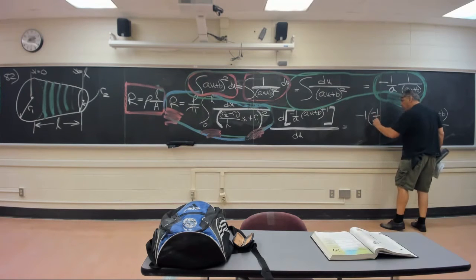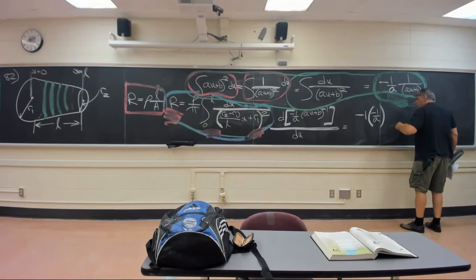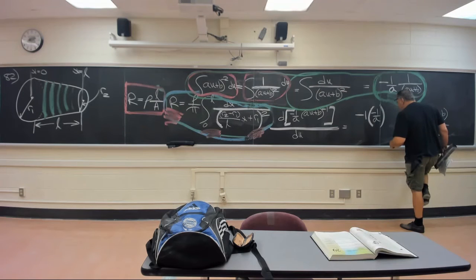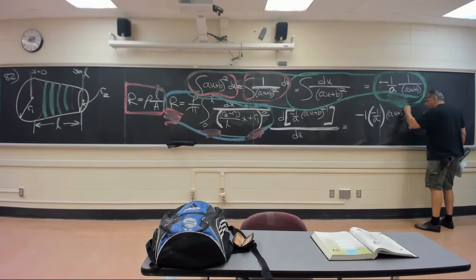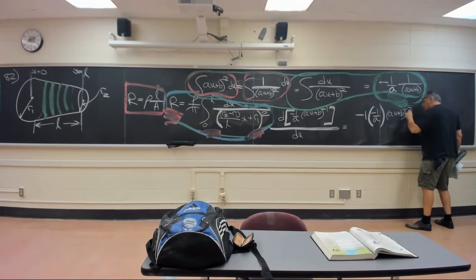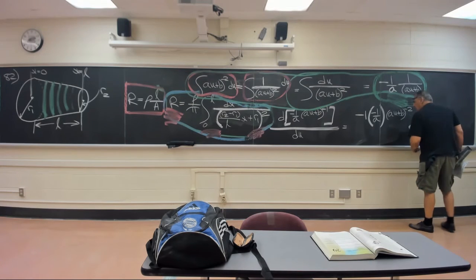You've got negative 1 over A. The quantity AU plus B to the negative 1, the derivative of it with respect to AU plus B is, wow, take the negative 1 in front, subtract 1 from it, you get this. So this is what you got here.